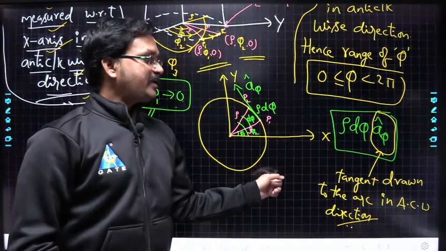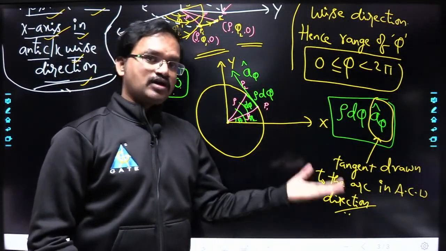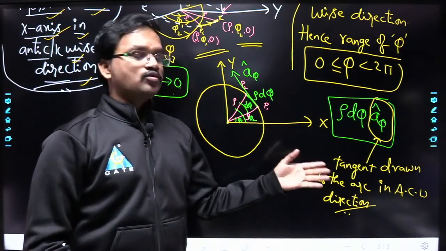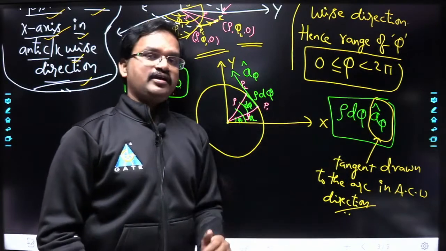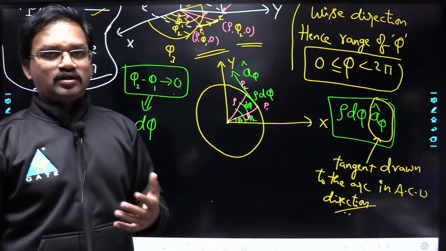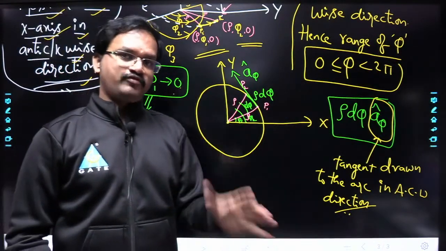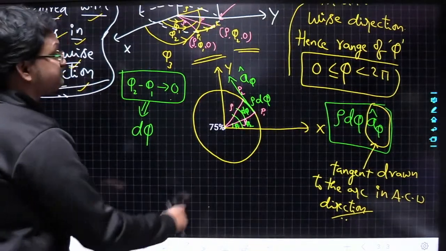The direction of the differential arc length is always given by the tangent drawn to that arc. So you draw the tangent in anti-clockwise direction, given by A phi cap. So rho d phi A phi cap is the differential arc length along phi. I hope it is clear.